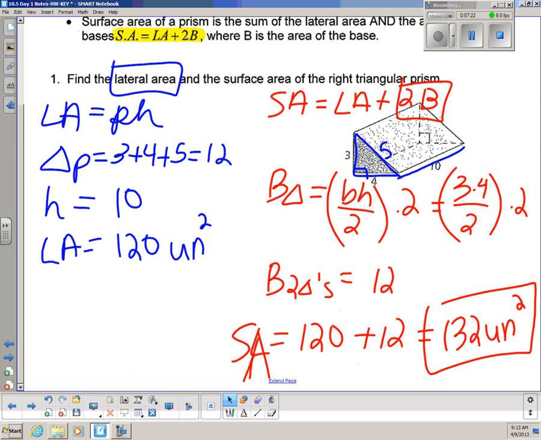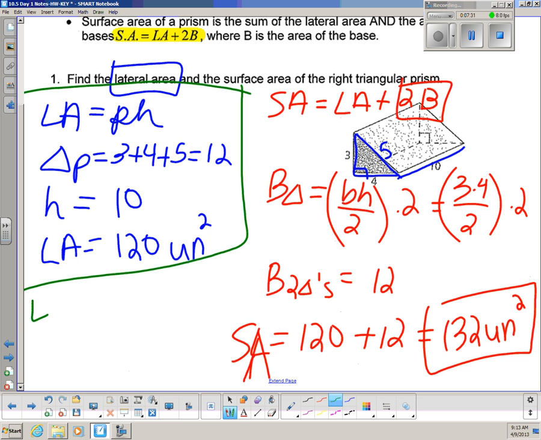The one thing that I wanted to show you about lateral area, because sometimes the formula is sort of hard to follow, or maybe you'd rather do it a different way. Another way to do the lateral area is to find the area of all the three rectangular faces and then add those up. And that's another way to do it. So if you think about this one particular bottom rectangle, hopefully you see this is a 10 by 4 rectangle. So I could take rectangle 1, which is 10 by 4, or 40.